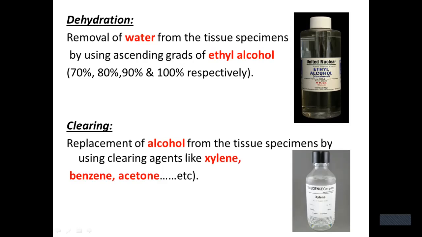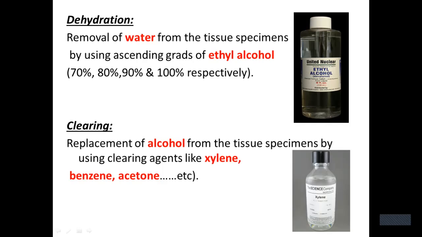After fixation, the dehydration step begins, which is a very, very important step. Why? To remove water from the tissue specimen by using an ascending gradient of ethyl alcohol. An example of a dehydrating agent is ethyl alcohol.